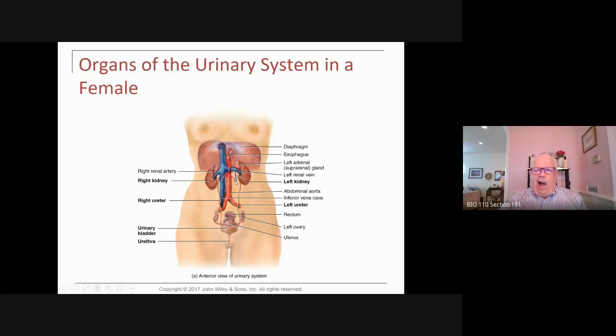From the hilum of the kidney, and we'll talk about that more, there are three structures. There's an artery, a vein, and a ureter. The ureter's function is to transport urine into the bladder.